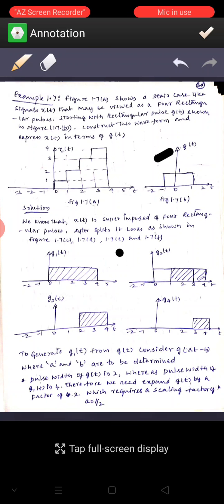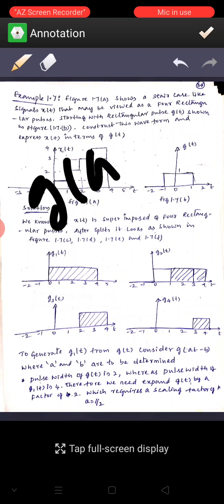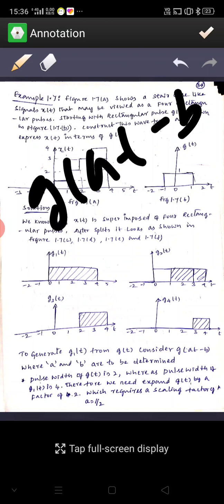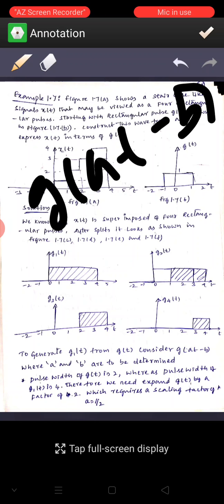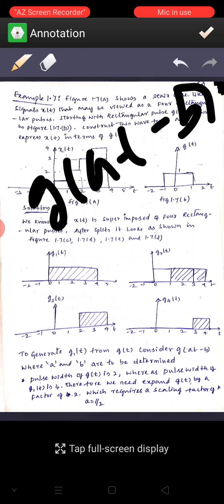So we will consider one equation, g of at minus b, where a, the coefficient of t, is the time scaling factor and b is the time shifting factor.